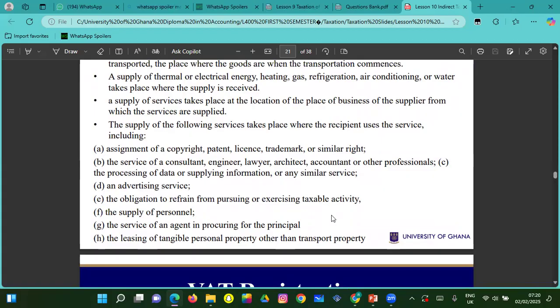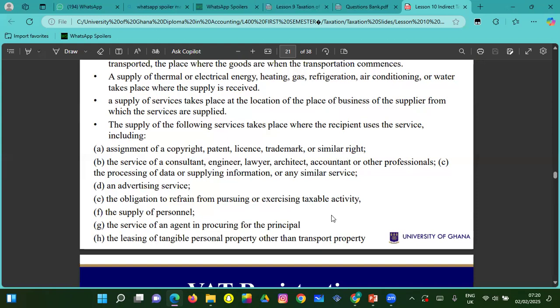C, the processing of data or supplying information or any similar service. D, an advertising service. E, the obligation to refrain from pursuing or exercising taxable activity.